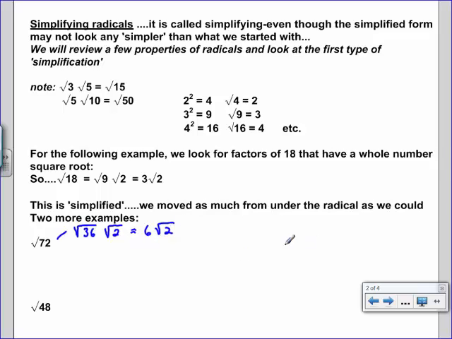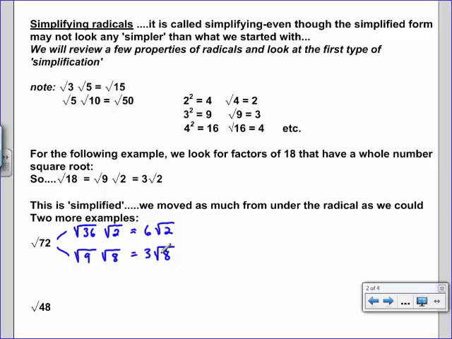On the other hand, perhaps you might have thought of the square root of 9 times the square root of 8, because the square root of 9 is a whole number, 3. So then you'd have 3 times the square root of 8.